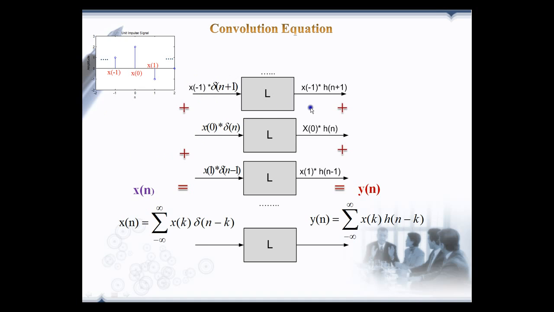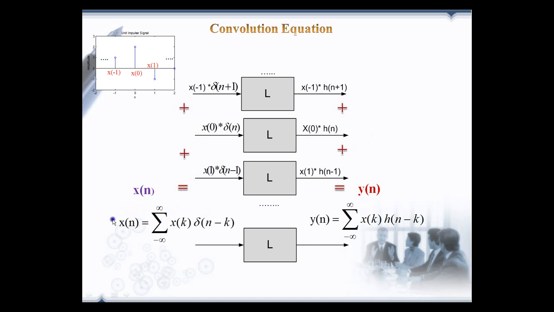The same amount of shifting and scaling appears at the output. Similarly, the samples at time index n = 0 and n = 1 are expressed in terms of shifted and scaled versions of the impulse. The outputs are then derived. If we add all these samples, we get the input signal x[n].